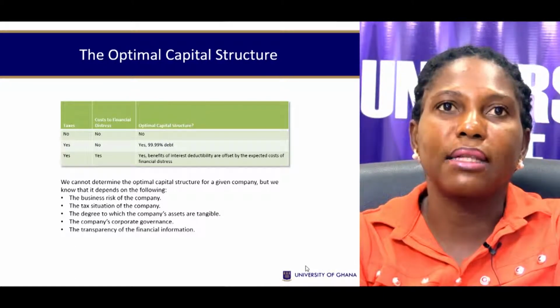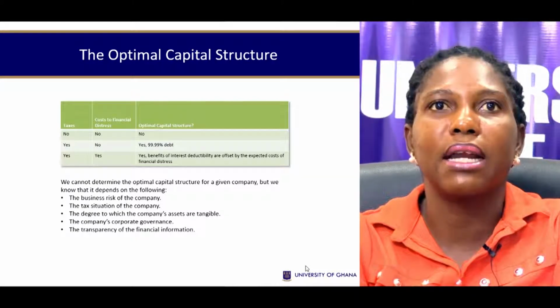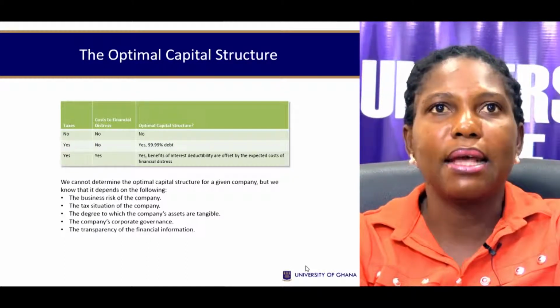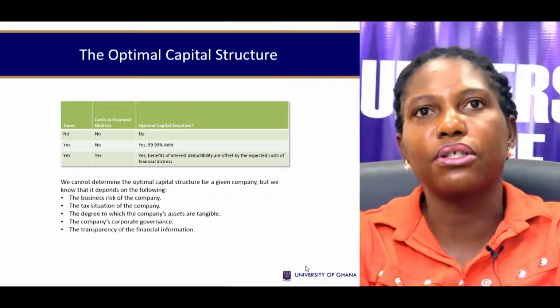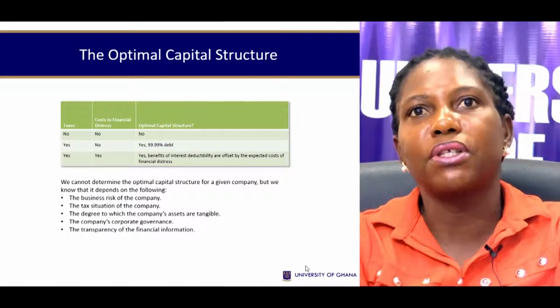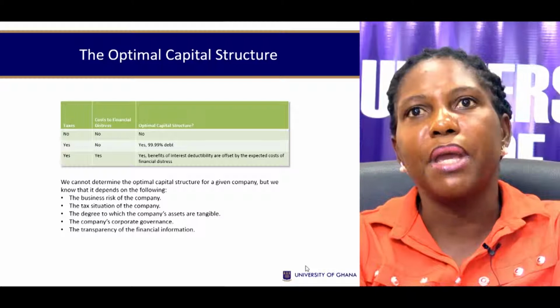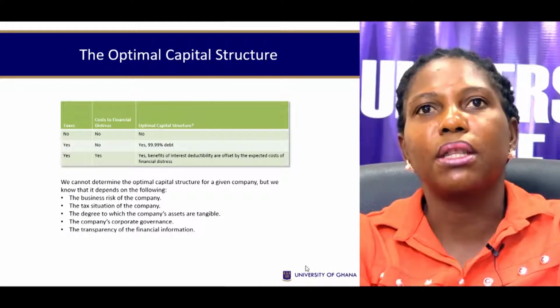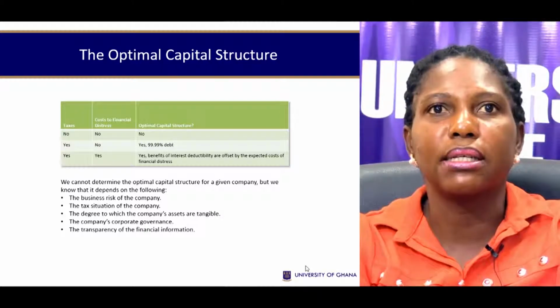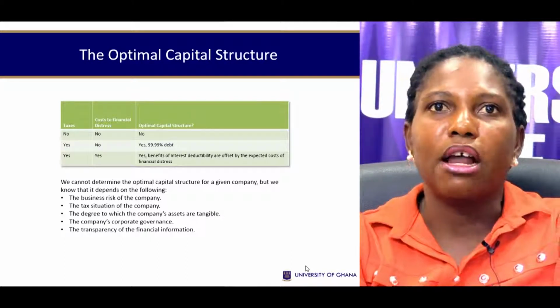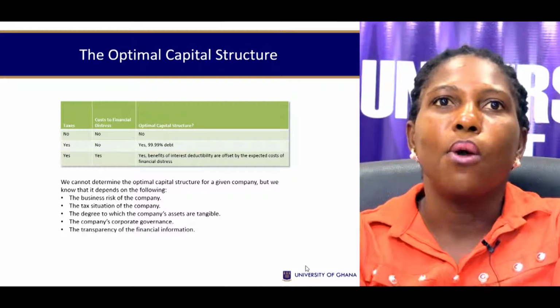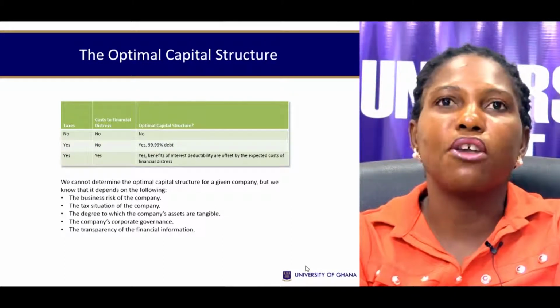Of course, that is not attainable, so we now look at the reality on the ground, which is the fact that yes, there are taxes and yes, there are costs of financial distress. And so the benefits of interest deductibility being offset by the expected cost of financial distress will ensure that the optimal point is reached.